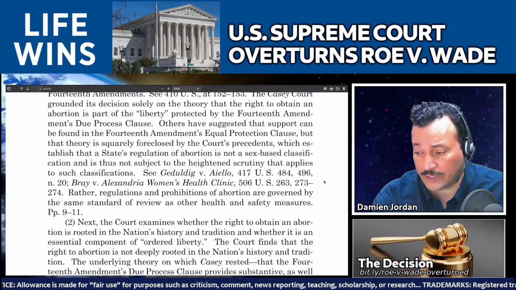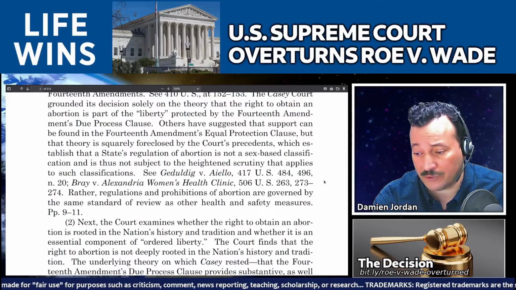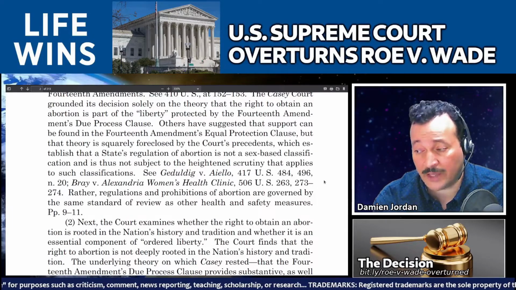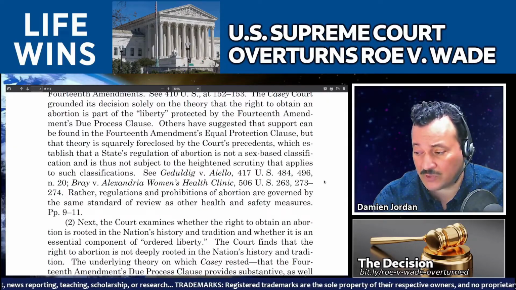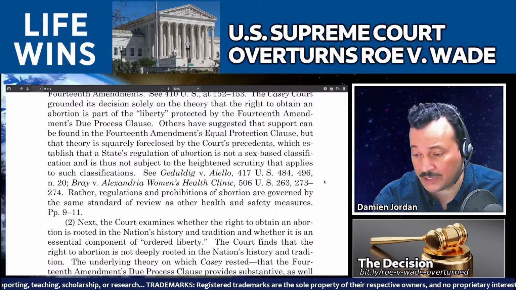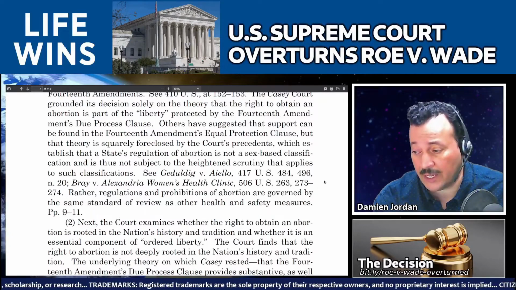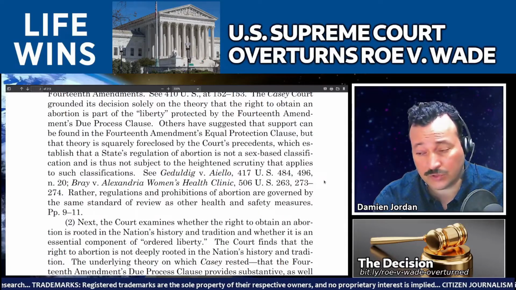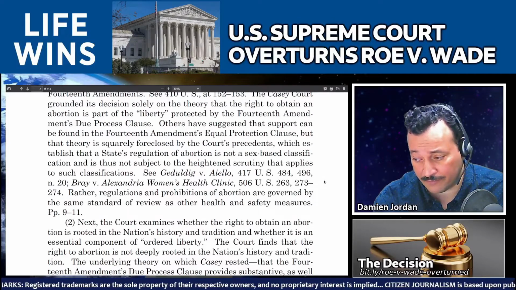Rather, regulations and prohibitions of abortion are governed by the same standard of review as other health and safety measures. Next, the court examines whether the right to obtain an abortion is rooted in the nation's history and tradition, and whether it is an essential component of, quote, ordered liberty.